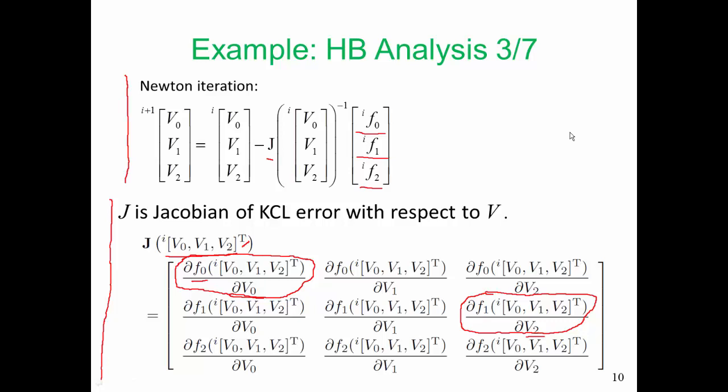Really, most of our circuits are designed to be linear circuits, and then the nonlinear behavior is a departure from linearity. Our amplifiers, even our power amplifiers, are designed with the view that they're essentially linear circuits that depart from linearity. So harmonic balance works very well for RF nonlinear circuits.